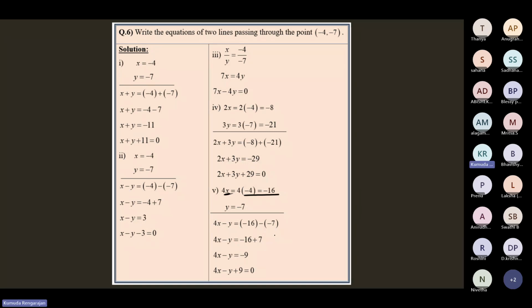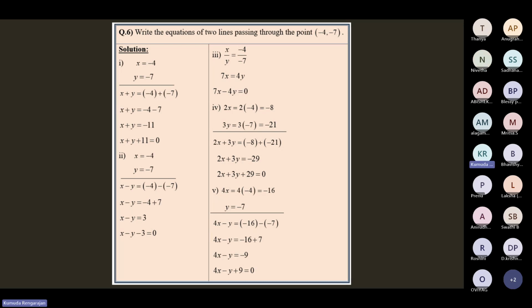And in the standard form, 4x minus y plus 9 is equal to 0. All right, children? Yes. Okay.